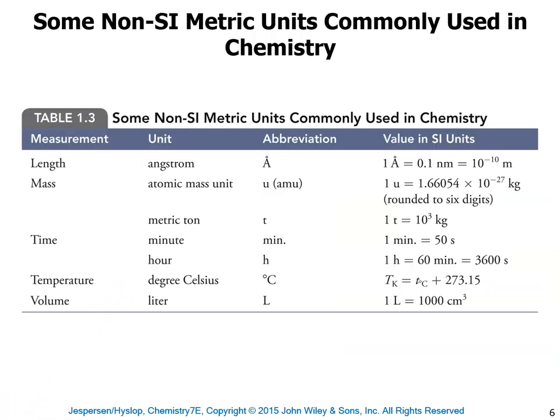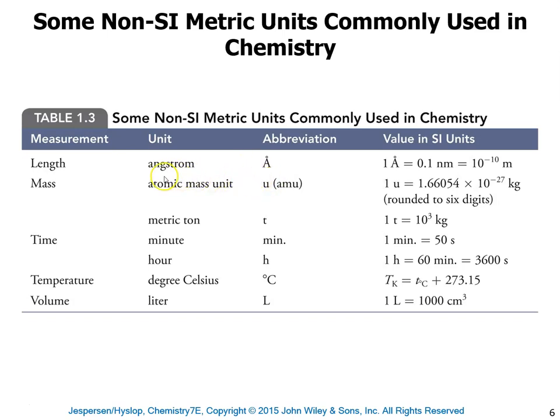These are some non-systematic, non-international metric units that are used. A lot of times if we're looking at really small things, like protein structures, those are going to be in angstroms.